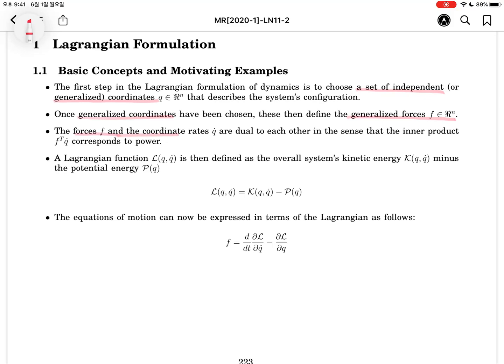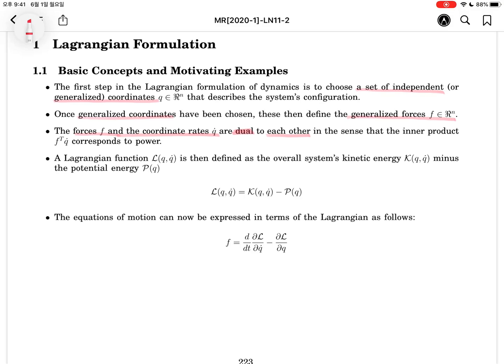So the force F and the coordinate rate q dot are dual to each other. This is very important. Both are dual. Once q dot is determined, the generalized force is also determined. Let's take an example. If you use a linear actuator, the force will be a linear force. The inner product of the linear force and the linear velocity will result in the power.